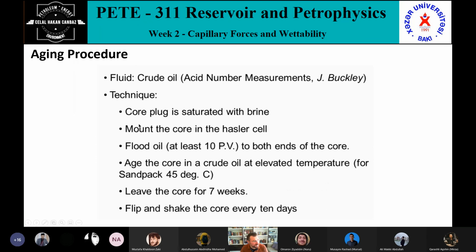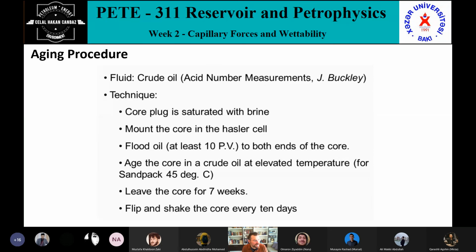There is a technique for this. First of all, you saturate your core plug with 100% brine. You mount the core in a cell and you flood it with oil, at least 10 pore volumes. You calculate the pore volume inside your core sample, and at least 10 times that pore volume you flood oil, and this displaces the brine.